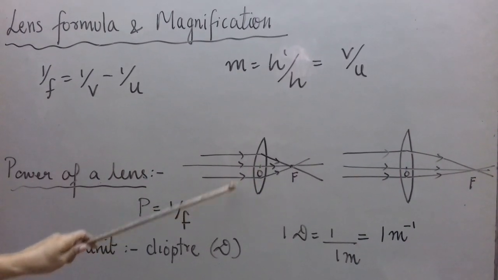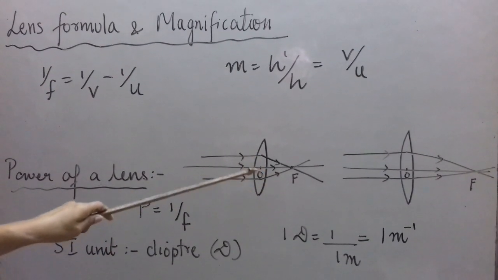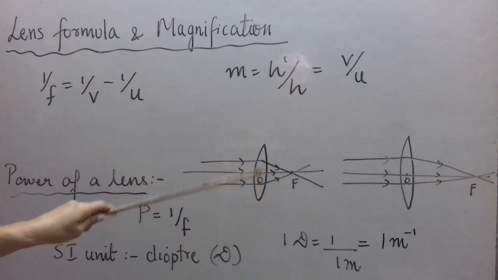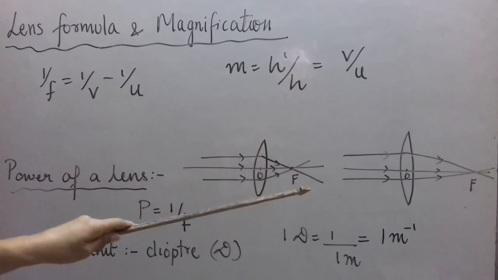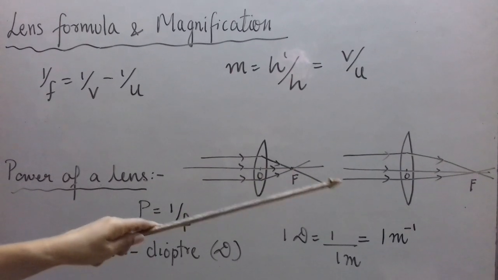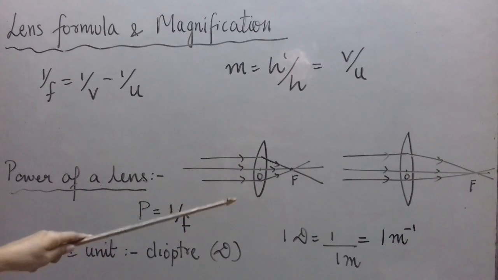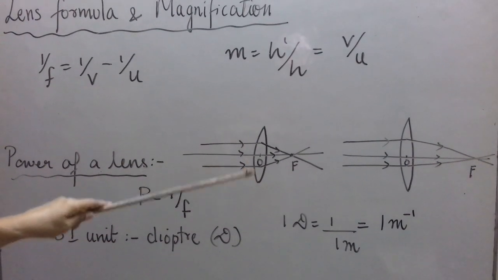So this lens having shorter focal length bends the rays more, converges the rays more, and here the rays are bent but they are less bent compared to this because focus is a bit far away. I hope it is clear, both the lenses are converging the parallel rays at its focus.